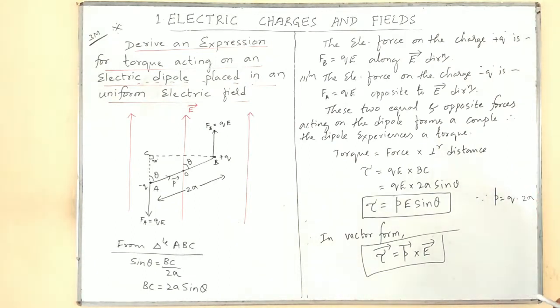Well, I will give you one example. Suppose P lies along the x direction, that is i cap, and E lies along the y direction, that is j cap. Then tau is given by i cross j, that is k.